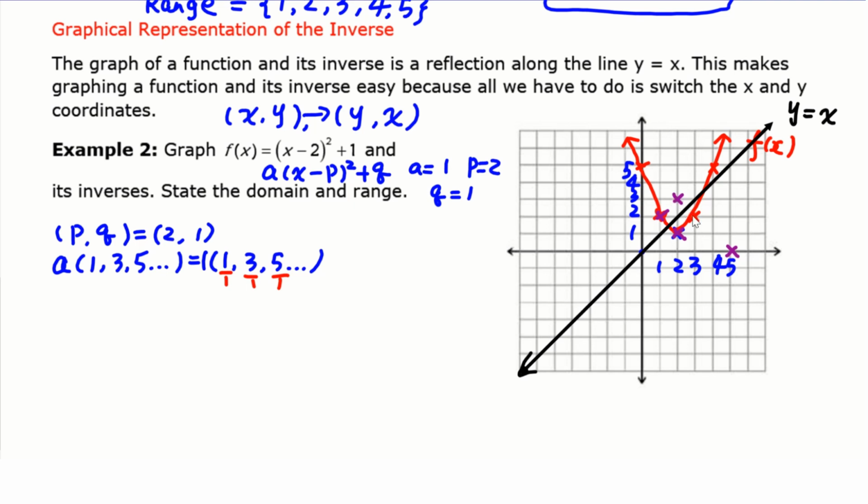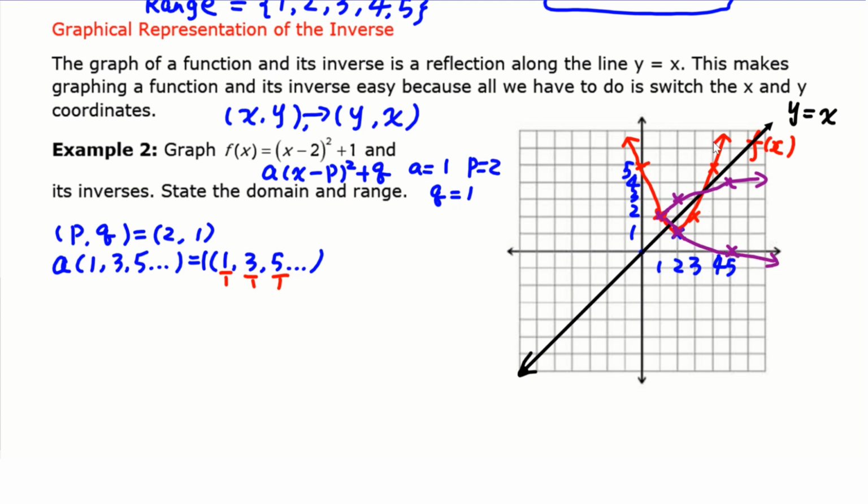So they are symmetric, and the next point will be symmetric of this point on the line y equals x. So this is 4, 5, it will be 5, 4. Then we are going to connect them.